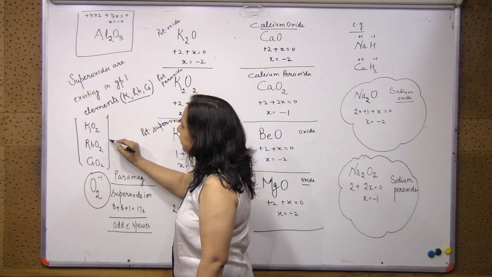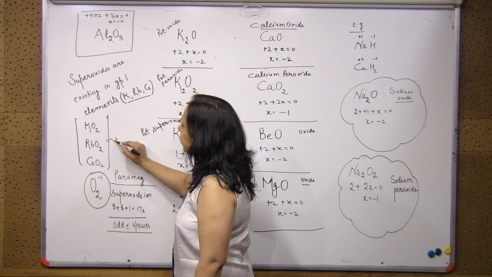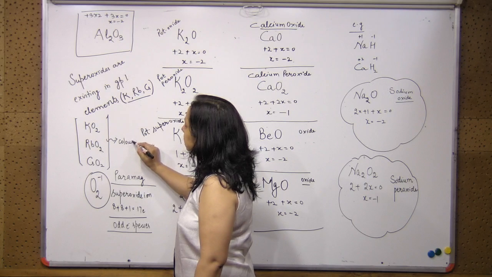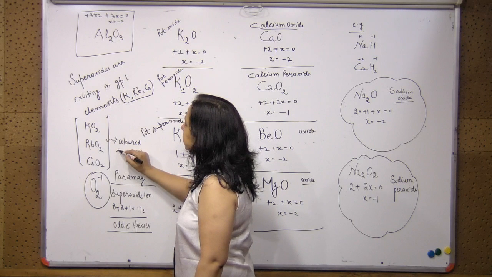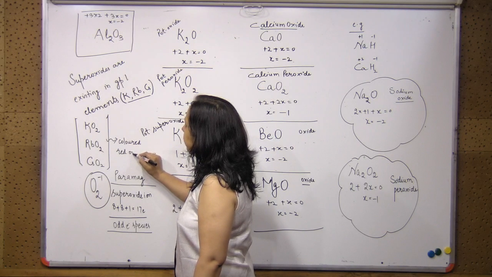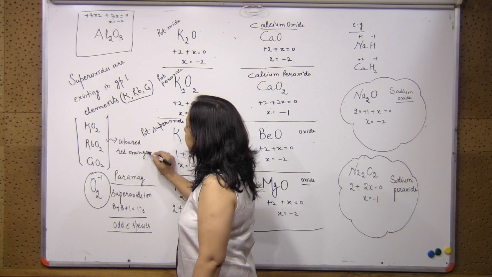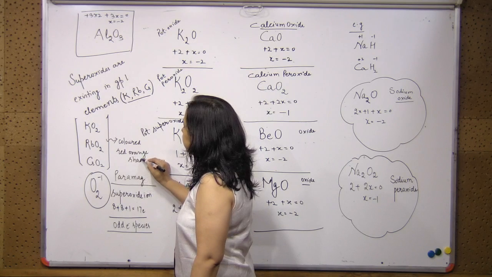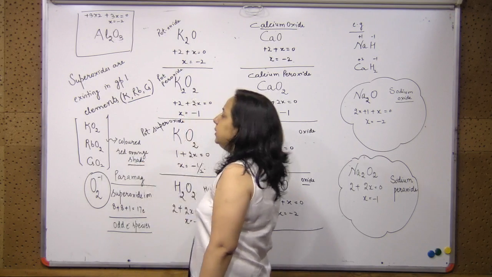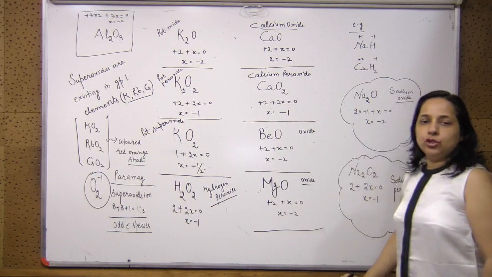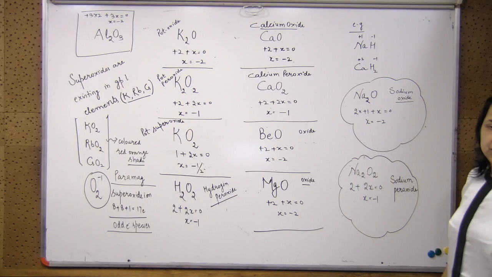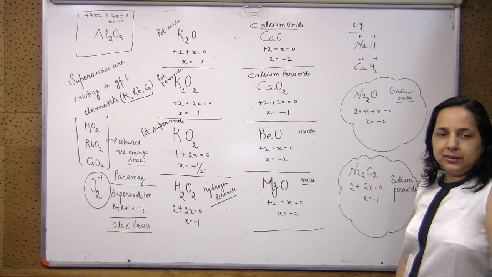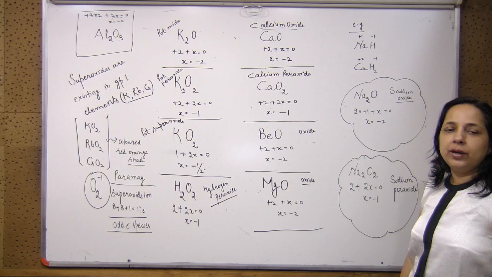And due to paramagnetic characteristics, all these are colored, and their color is in a reddish orange shade. The superoxides are generally reddish orange, paramagnetic, and the odd electron species is O2 1 negative.